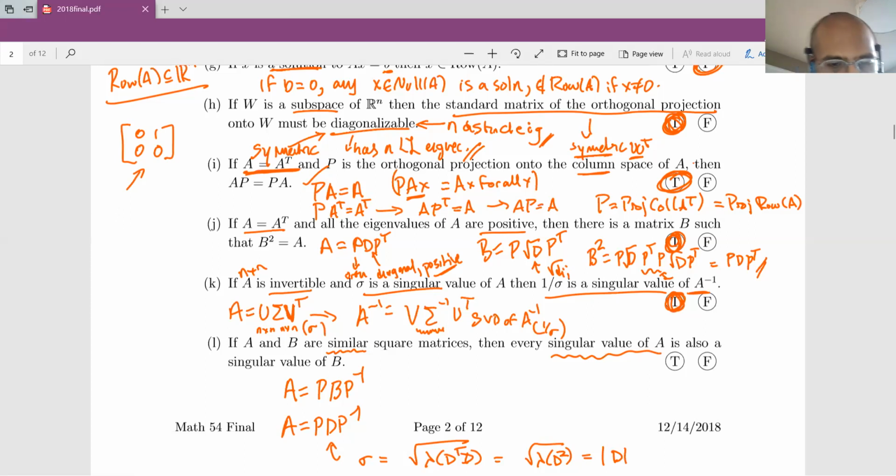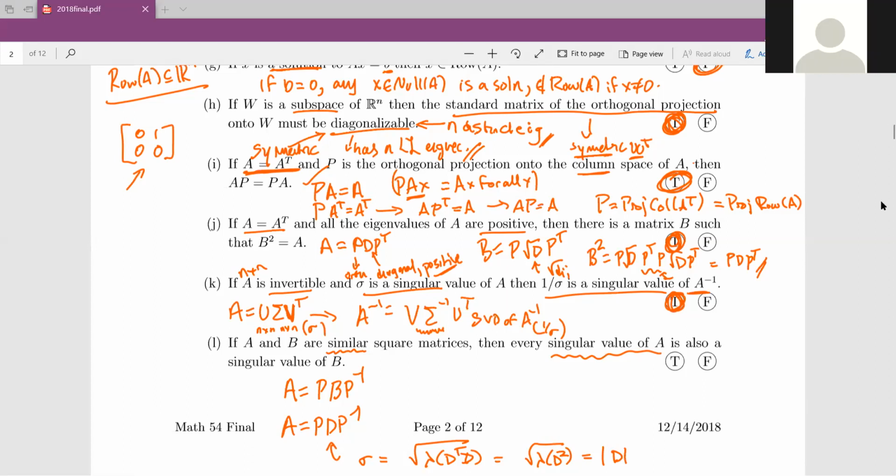Any thoughts on how to even proceed, or any examples you want to try? Okay, who thinks this is true? Does anybody think this is true? Nobody thinks this is true. I think it's true. You think it's true? Okay. Why do you think it's true?